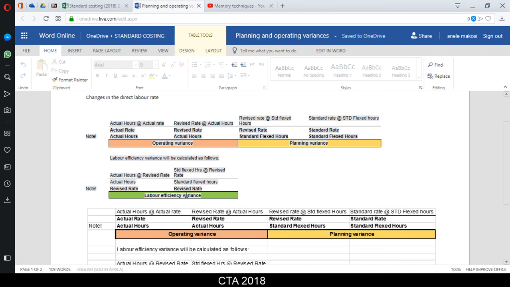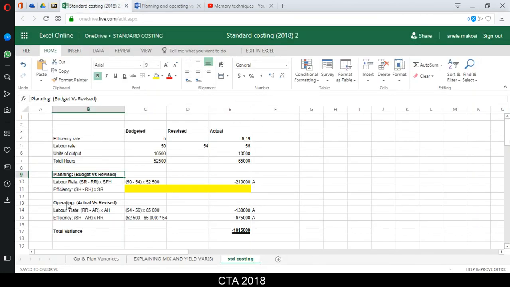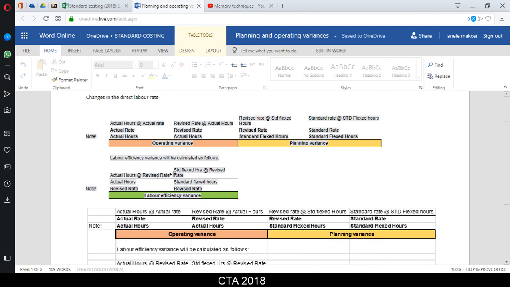So the revised rate and the revised rate, that means it's the efficiency variance under operating. It's under operating, because whenever we compare the actual and the revised, it's operating. Where is revised? So we have revised here, we have actual here, and we have the standard flexed hours here.